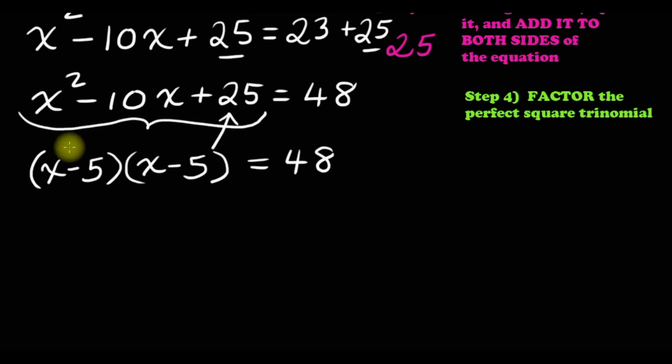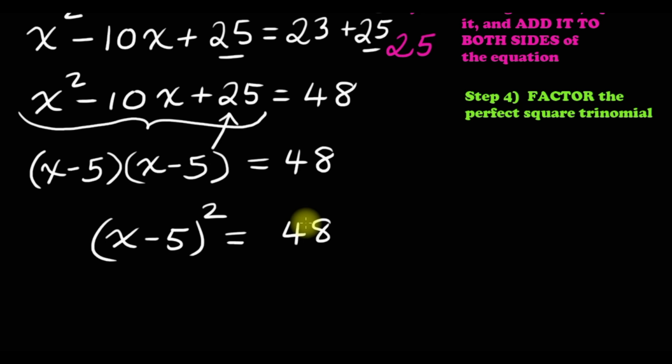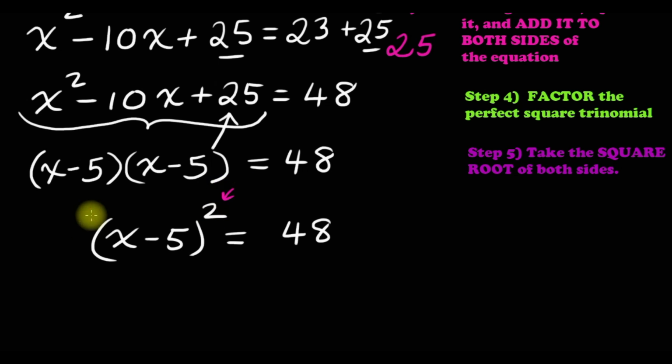And we're going to rewrite this as x take away 5, squared. It's the same thing. We're doing this so we can take the square root of it to get rid of the square. And then here is 48. So that's step 4. Step 5 is to take the square root of both sides. To get rid of the square, we're going to have to take the square root of it.